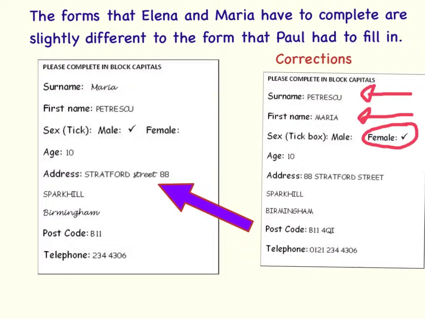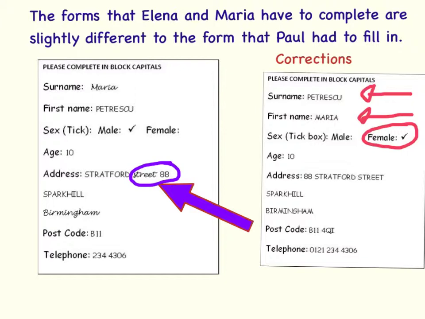However, when we look here, you will see that she's written Stratford in capital letters, she's written street not in capital letters, and she has written 88 at the end of the street address instead of it being at the beginning.